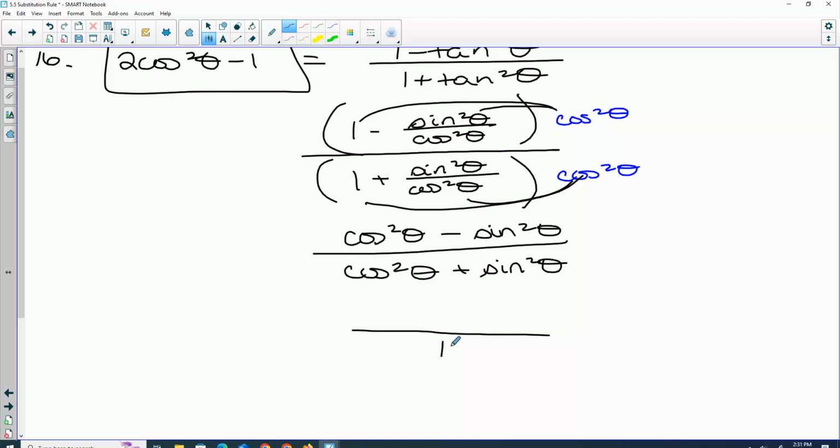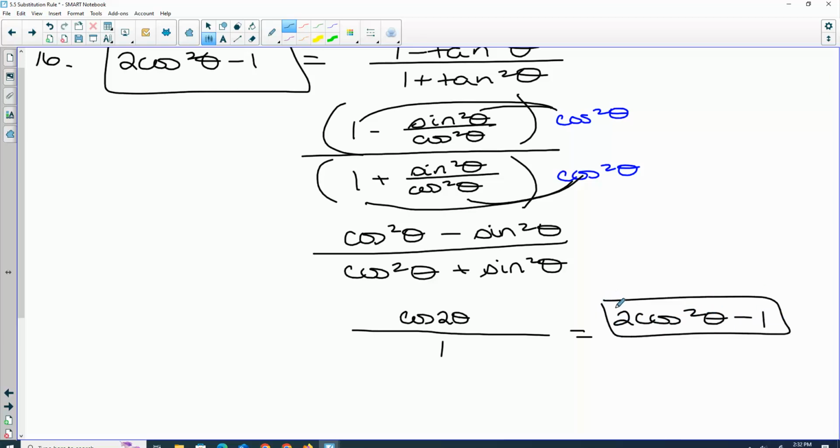And if you catch that, cosine 2 theta has 3 different options, right? So you might have done this, and then used another cosine double angle and turned it into 2 cosine squared theta minus 1.